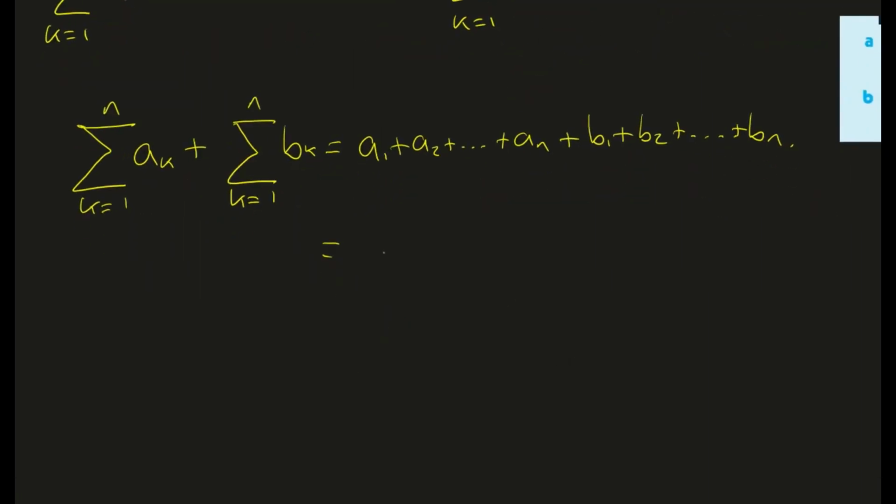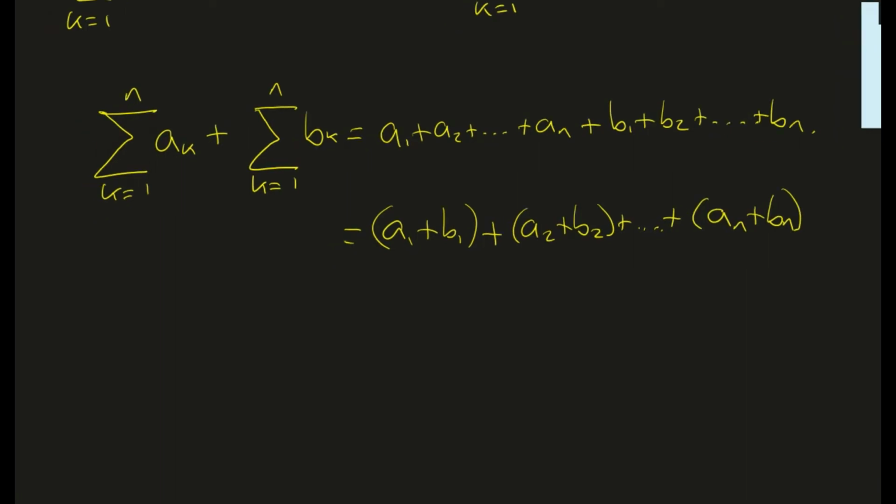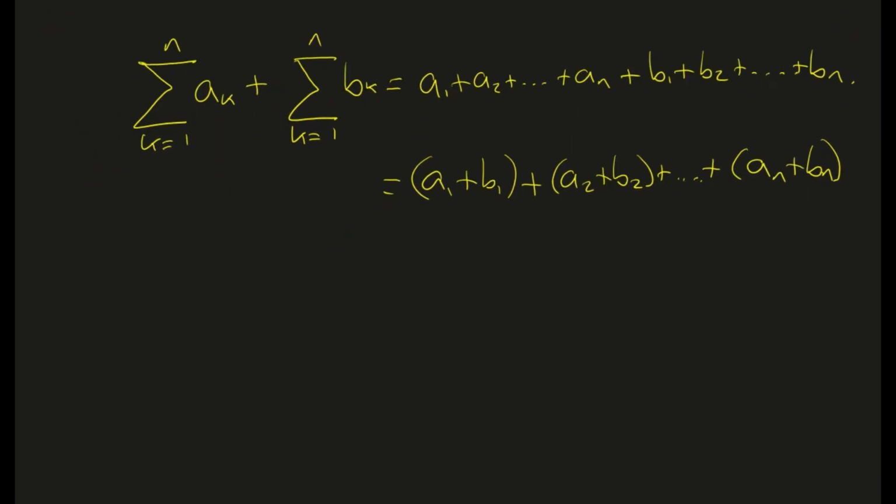So we could say a1 plus b1 could be a little pair, and then a2 plus b2 could be a little pair, all the way through up to an plus bn could be a pair too. And of course, we could then rewrite this with our sigma notation. This is the sum from k is 1 to n of ak plus bk.